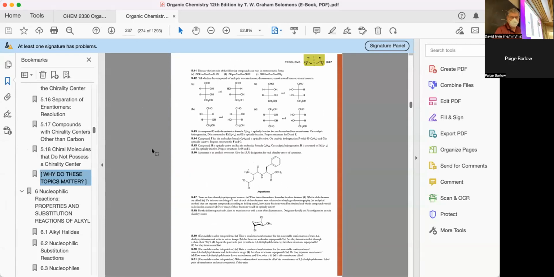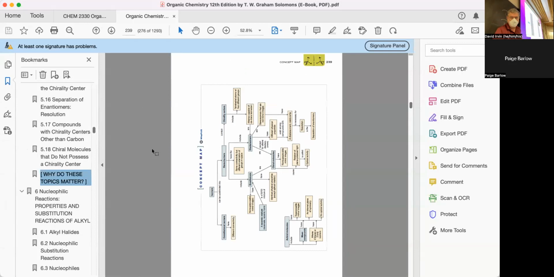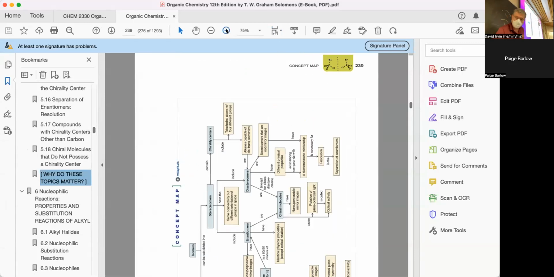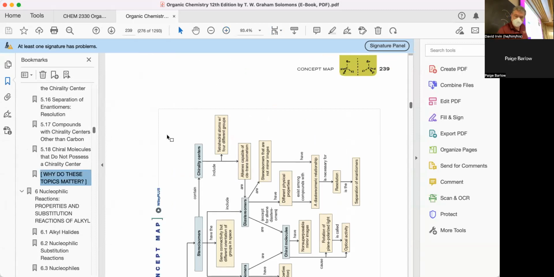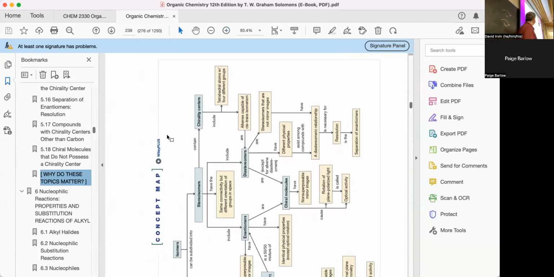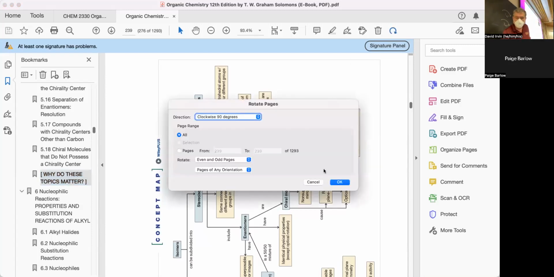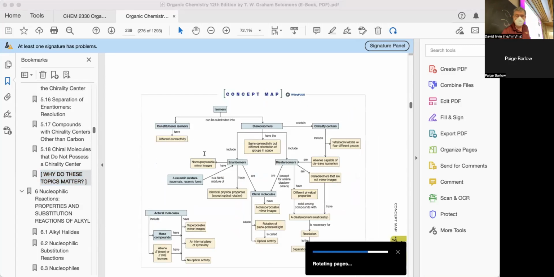At the end of the chapter, after the homework, there's a table here. And what it does is it goes through every concept in this chapter. Okay, can I rotate this? Rotate. Okay, yay.